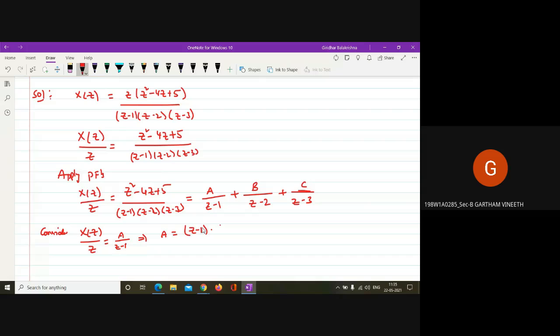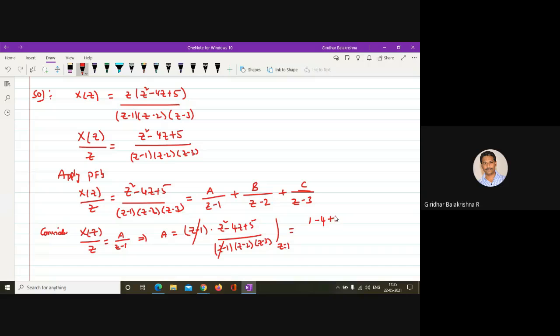X(z)/z is (z square minus 4z plus 5)/((z minus 1)(z minus 2)(z minus 3)) at z equal to 1. Now substitute. z minus 1 gets cancelled. So 1 square, 1 minus 4 plus 5, by the denominator (1 minus 2)(1 minus 3).